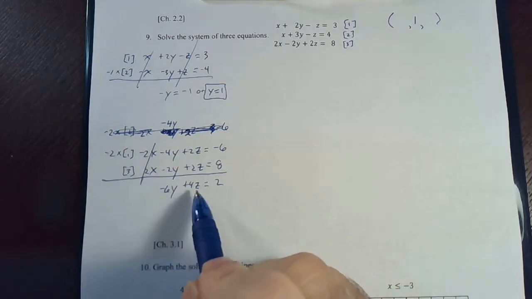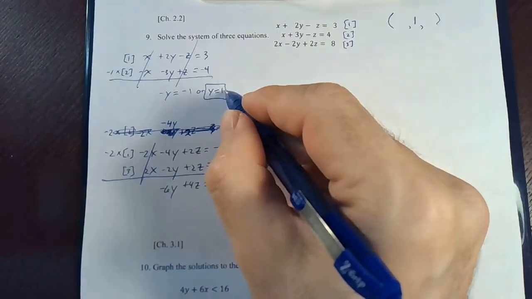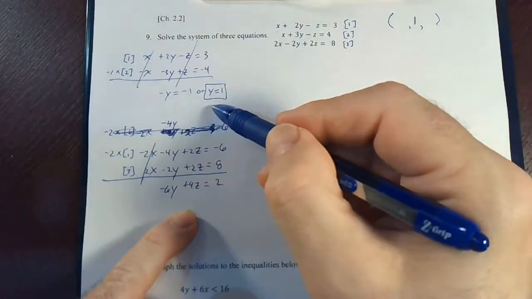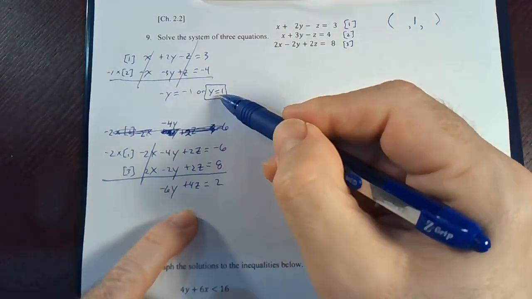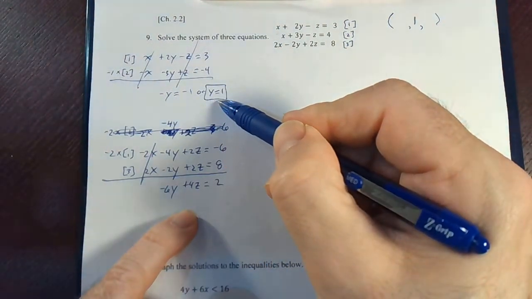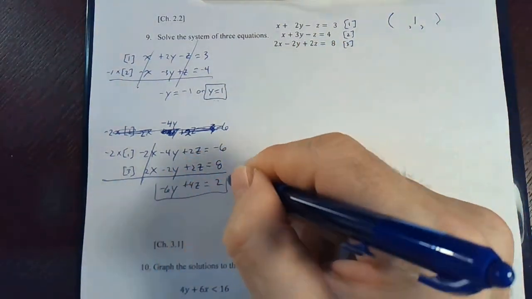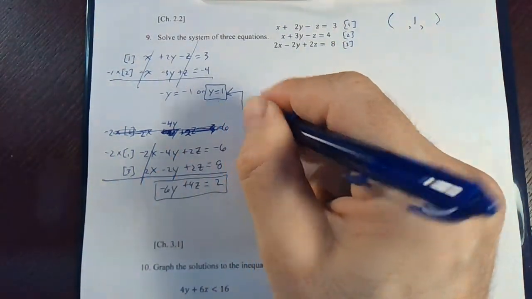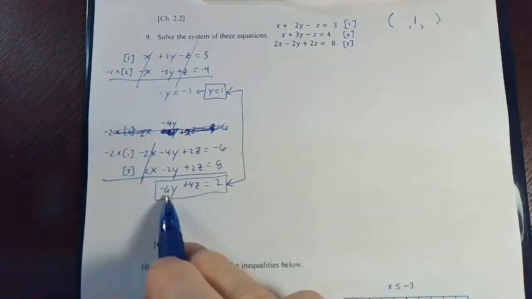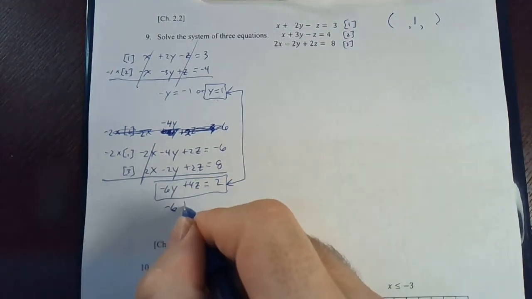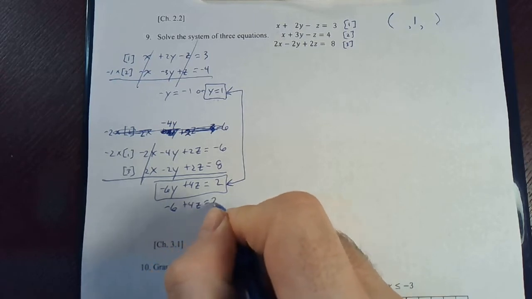All right, so between this equation and this equation, since 2 of them dropped out, it's an equation in only one variable, which told us that y is equal to 1. So we know y is equal to 1. So by combining these two, I know I get -6 times 1, which is -6, plus 4z equals 2.